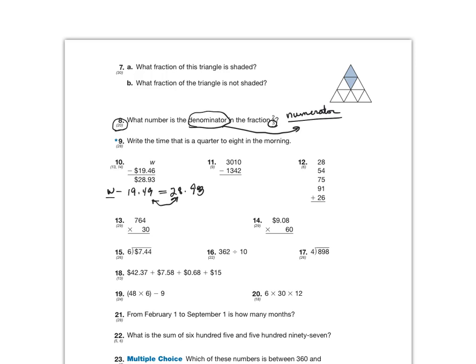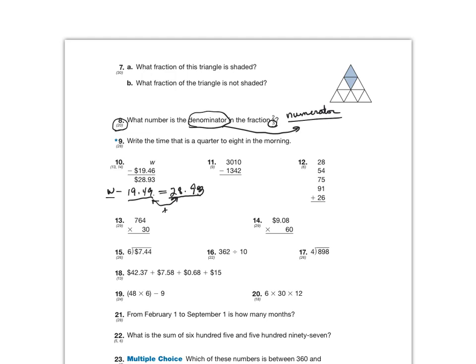There are 4 facts, 4 addition and 4 subtraction facts. If I add both of these, I would get W, and I could put them in any order, right? So if I add 19.46 and add 28.93, I would get W.